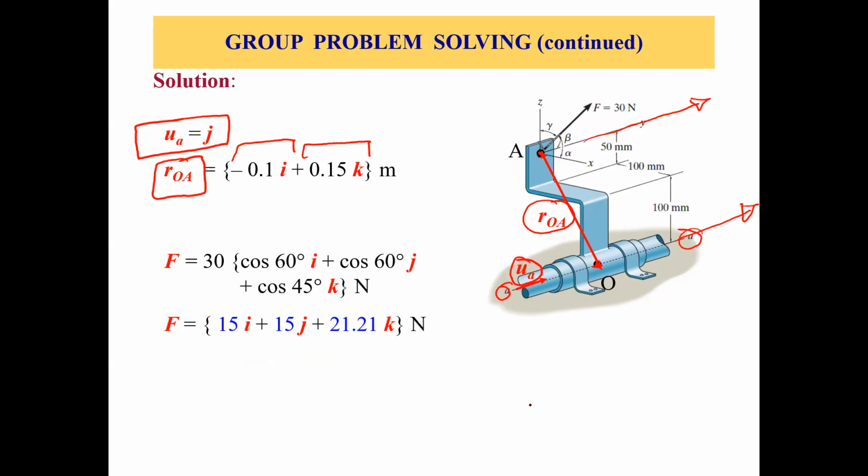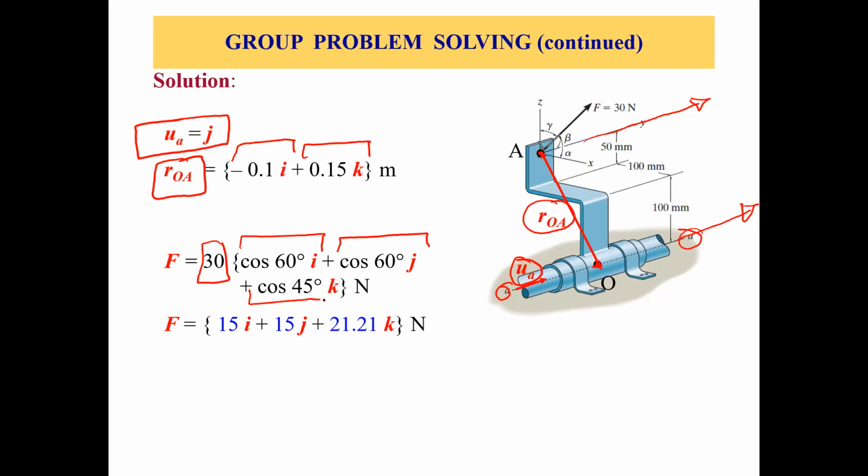30 is the magnitude. So 30 newtons times cosine of 60 times i, because 60 degrees is the angle alpha with the x-axis, and 60 degrees with the y-axis. So cosine of 60 degrees times j, and 45 degrees with the z-axis.